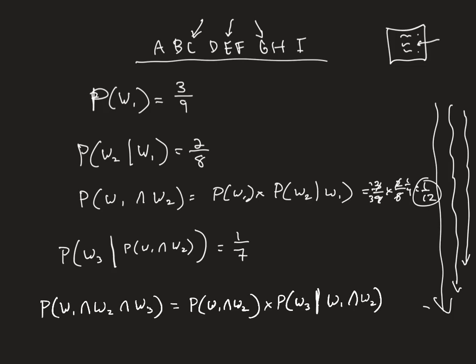So W1 and W2 is 1/12 times the probability of the third one knowing the first 2 happened, which is 1/7, and that is equal to 1/84. That's great.